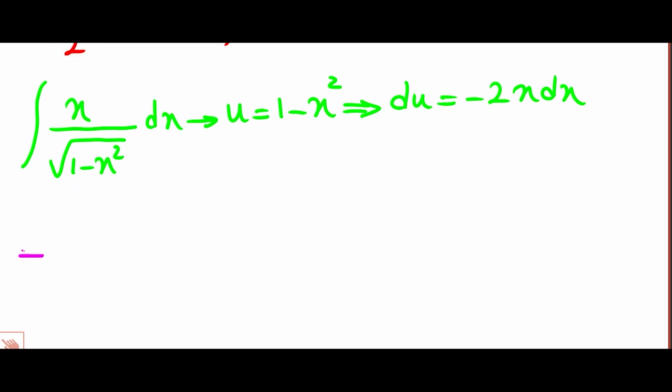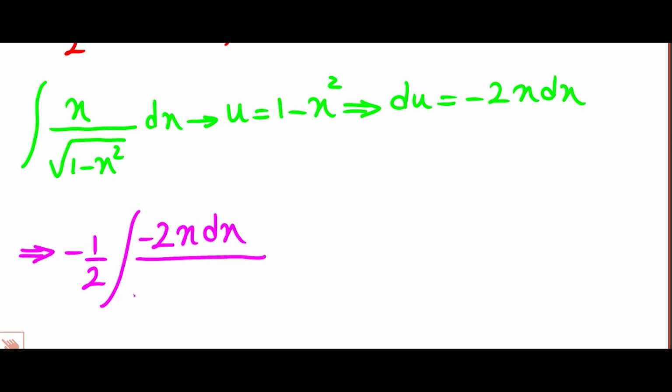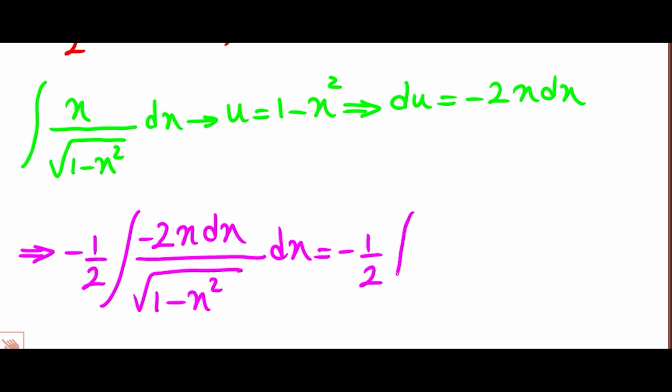So we have negative 1/2 the integral of negative 2x dx over the square root of 1 minus x squared dx, right? So we have negative 1/2 the integral of negative 2x dx is du, and u is 1 minus x squared, so over the square root of u, right?